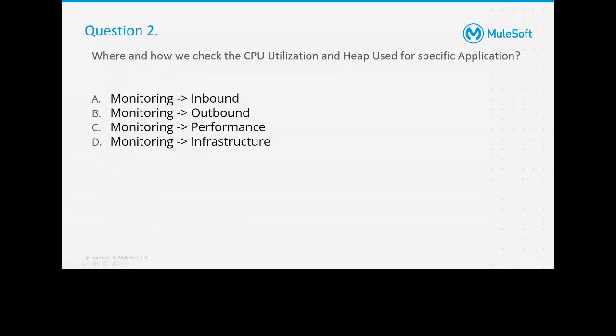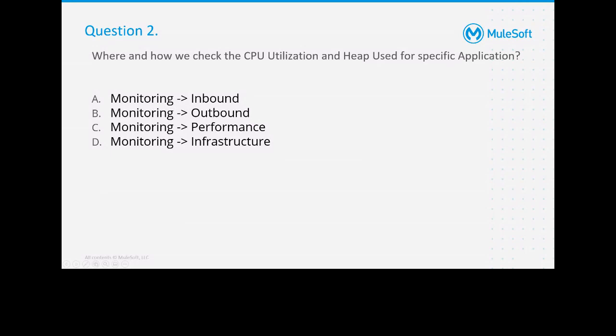Second question: where and how do we check the CPU utilization and heap used for a specific application? Okay, here we have multiple answers. We will go one by one. Anypoint Monitoring inbound, outbound, performance and infrastructure.